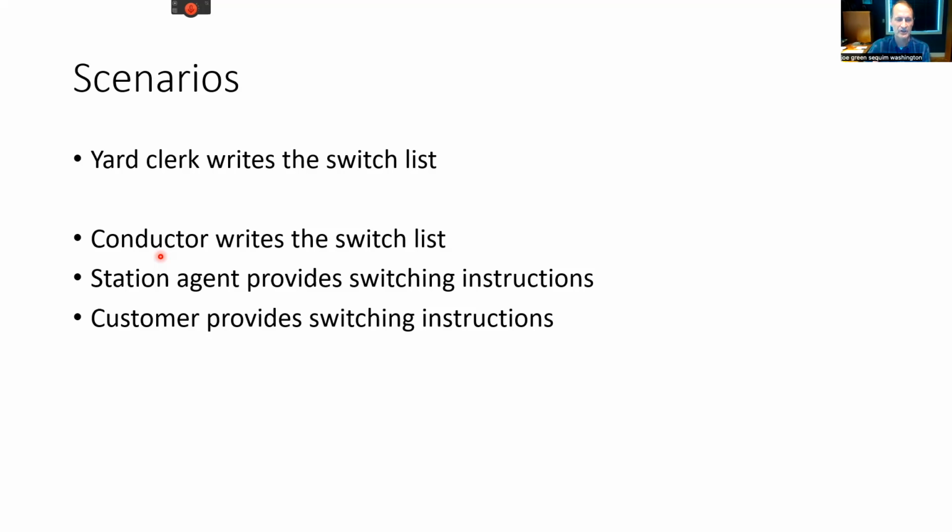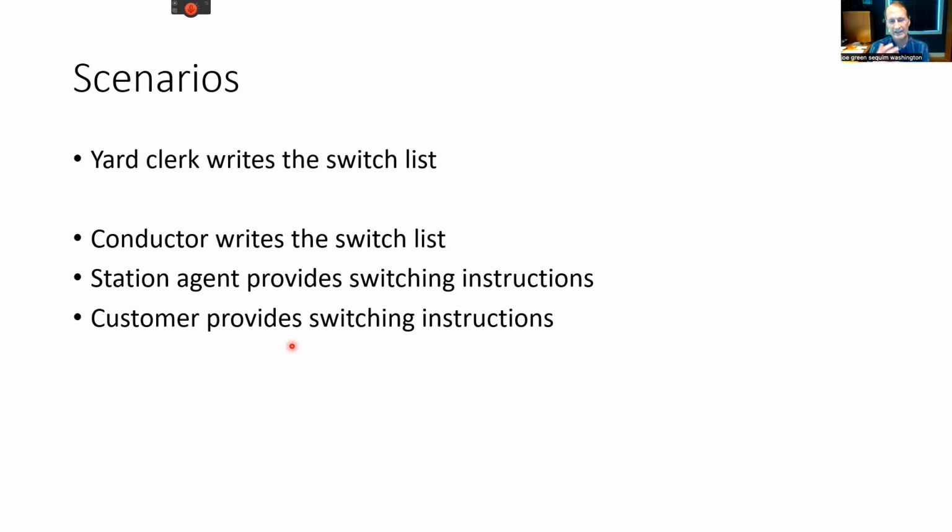I have some instructions that help people to know what their switch list needs to do, but they write the switch list themselves. For one crew, the station agent will provide them the switching instructions when they get to a town to do their switching. And the other crew will actually work from a customer. The customer will provide them switching instructions. And that one I didn't give an example of because that's completely out of my own imagination since it's from a customer.